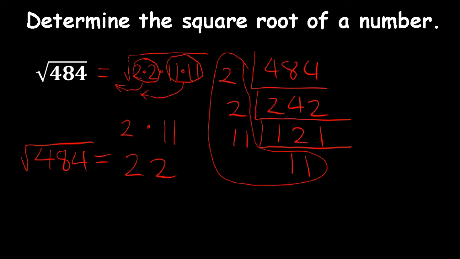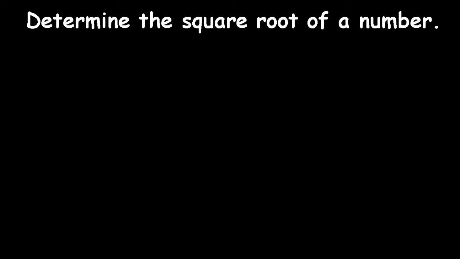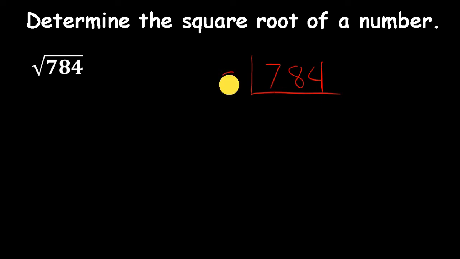I hope you are following in this video. Next example, square root of 784. 784 is divisible by 2 because the last digit is 4. 784 divided by 2 is 392.